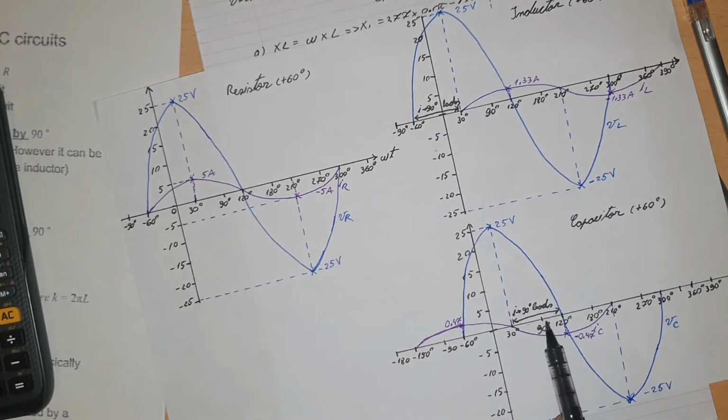As you can see, it's a difference of 90 degrees between them. The current starts before the voltage, so it has a lead of 90 degrees. It's so big because I can't simply make an extremely small line to represent the 0.47, since you wouldn't even notice the wave of it. That's why it's bigger than it's supposed to be. And there's the 25, and that's the voltage. You can see the voltage reaches its full wave later, by 90 degrees compared to the current.